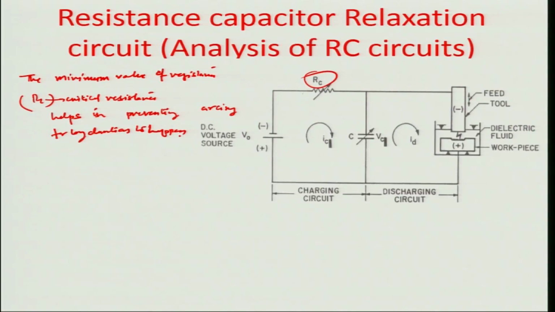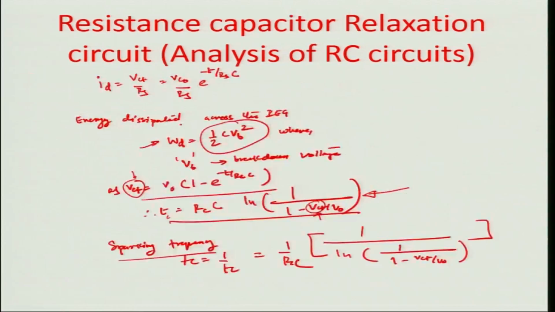Obviously, if RC were 0 in this particular expression, it would give an almost indefinite spark frequency, or a very large frequency, which theoretically would be considered a continuous spark for a long time.